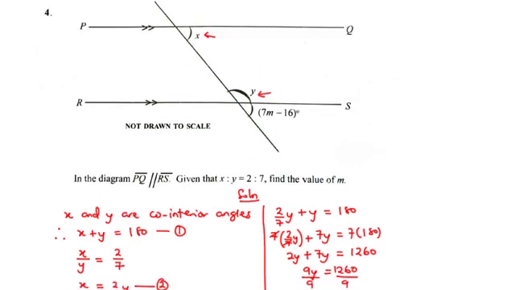Now to find the value of m, these two angles, x and 7m minus 16, are called corresponding angles. That is looking from their positions or where they are located. So x and 7m minus 16 are corresponding angles.